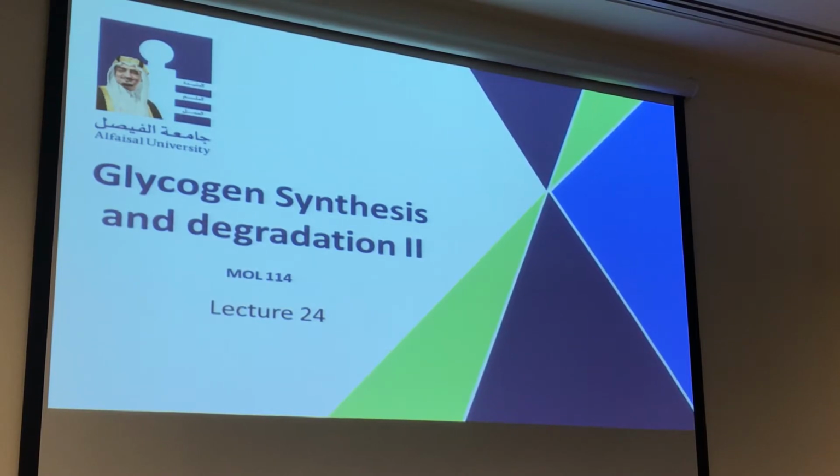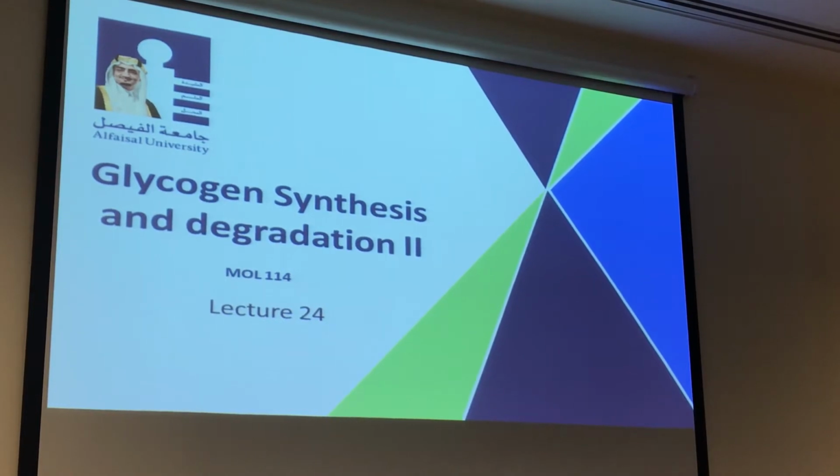The liver. Okay? And why else do we need glucose? What is the second important reason why we need glucose? For the muscles. Okay? So we need to maintain blood glucose to keep our cells working. Most importantly, the brain and the red blood cells. And we need a continuous supply of glucose for the muscle.